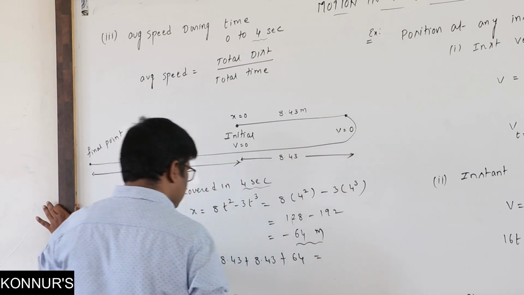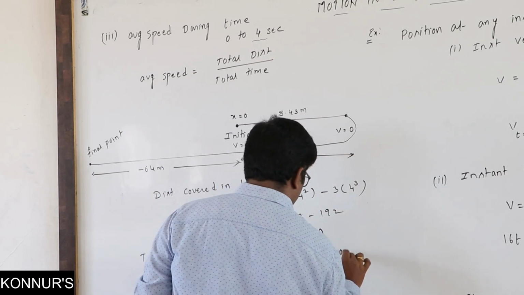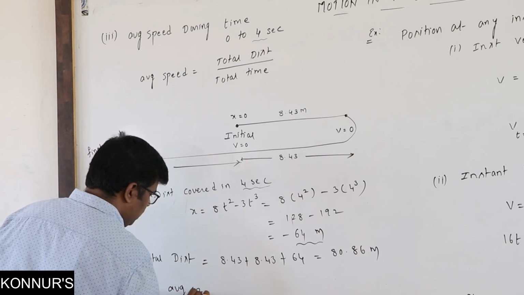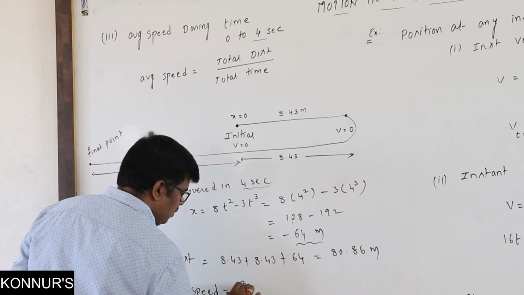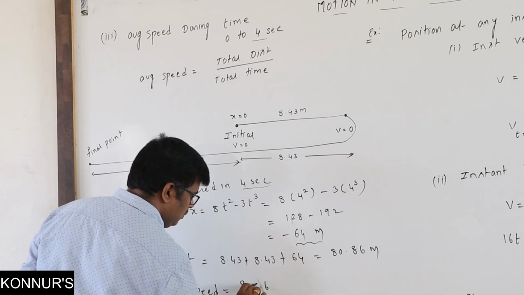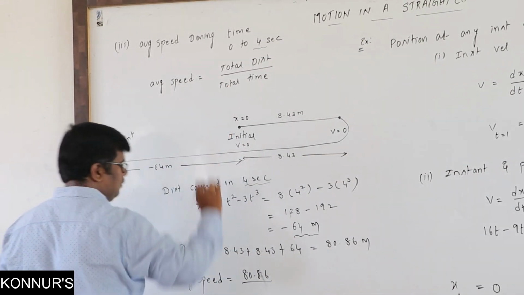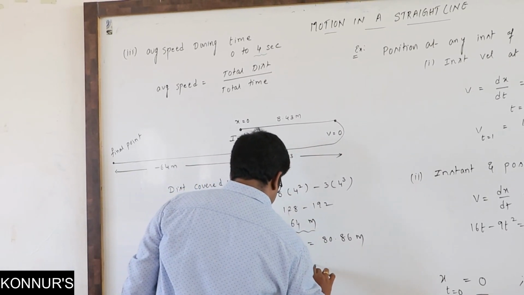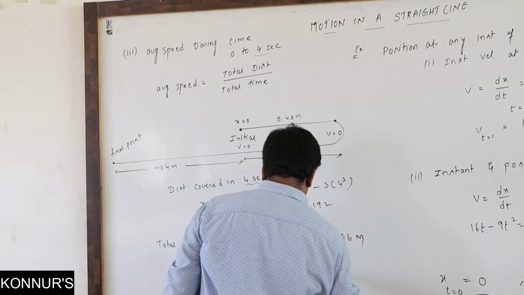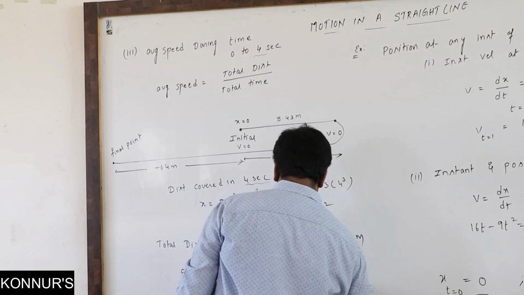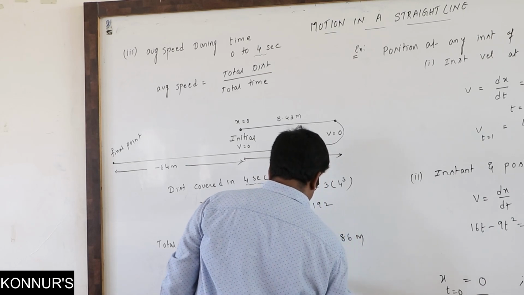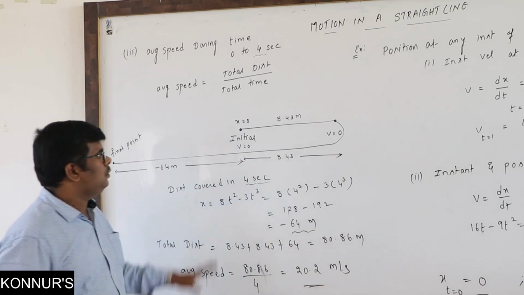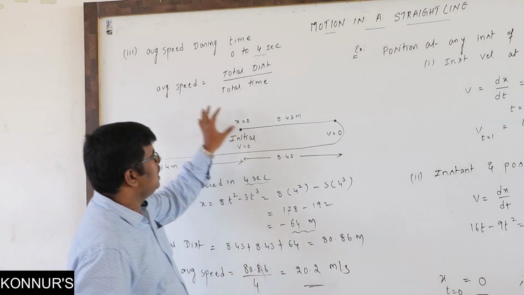So the total distance is around 80.86 meters. Then average speed you can calculate as total distance by total time. Time interval is 4 seconds. Then it is 20.2 meters per second.